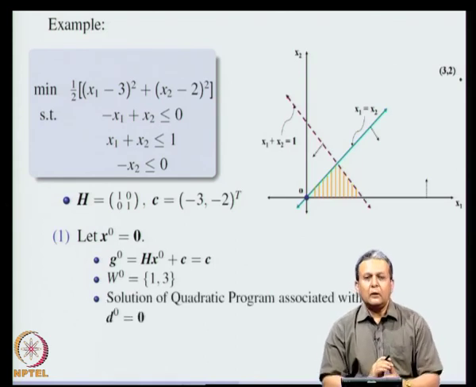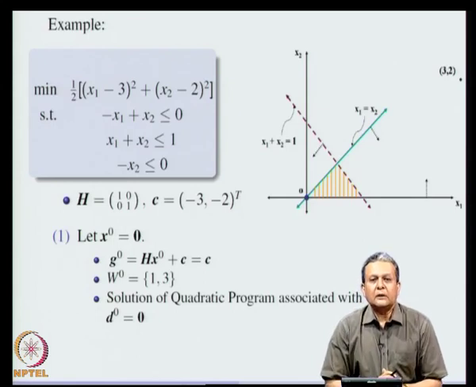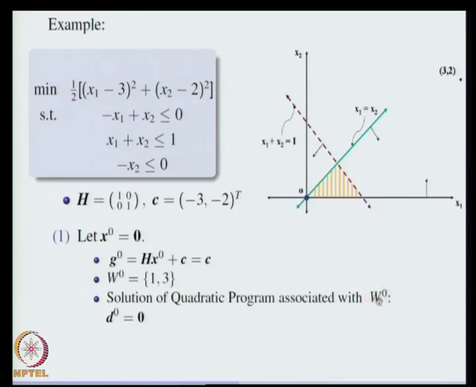Now, if we solve the quadratic program associated with W 0, that is an equality constraint quadratic program, and it is easy to solve because we have already found a way to solve a quadratic program with equality constraints when the Hessian is a symmetric positive definite matrix.